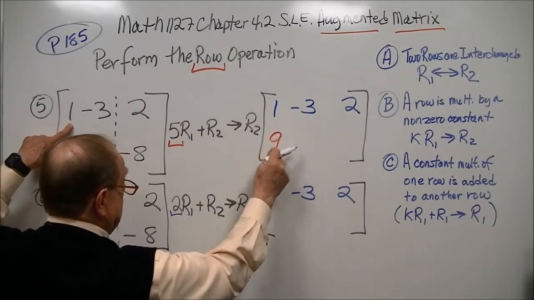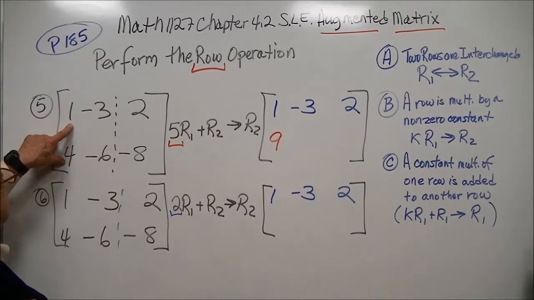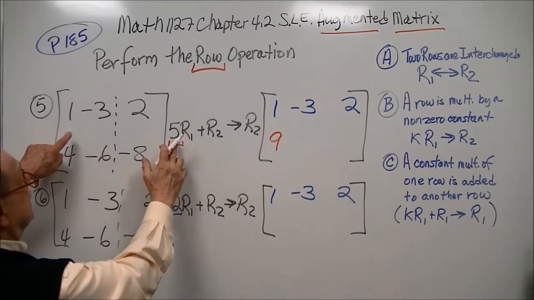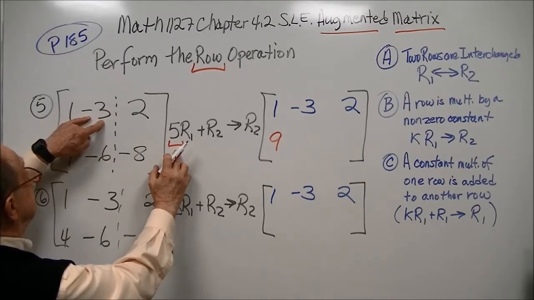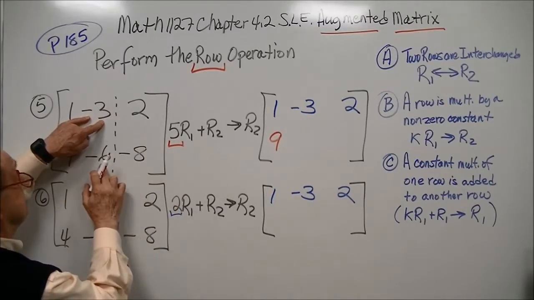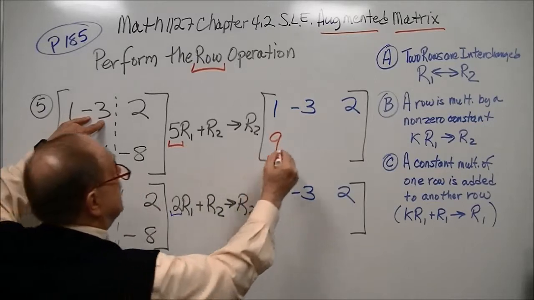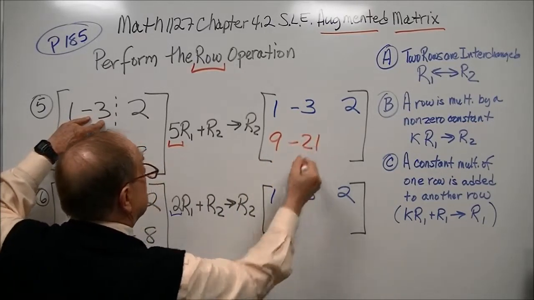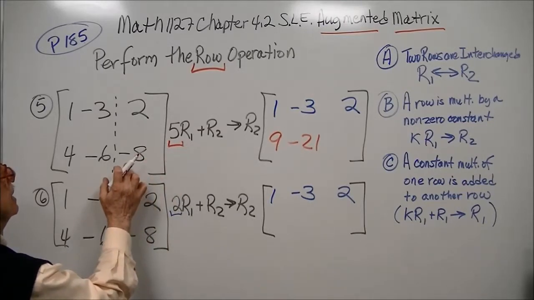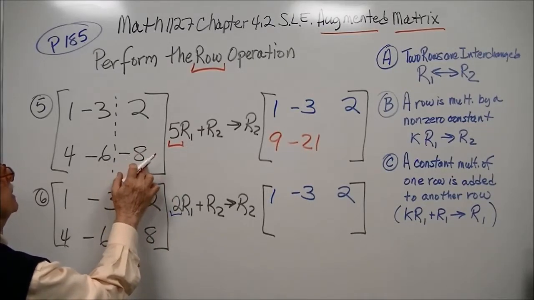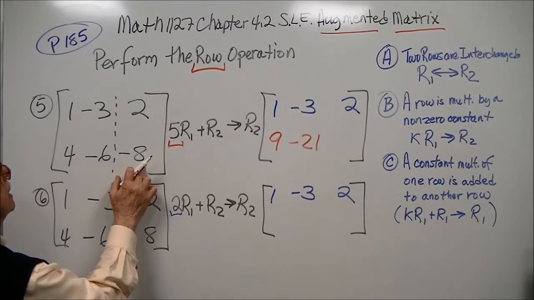And then replace it in row 2. 5 times a negative 3 is negative 15. And a negative 6. Make that a negative 21. And then 5 times a negative 8 is a negative 40.